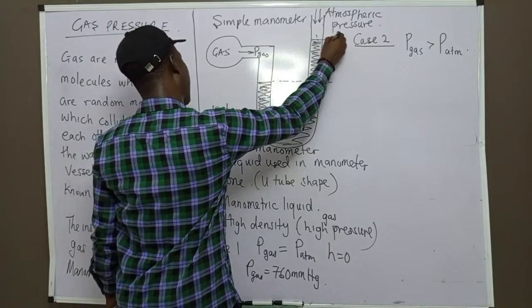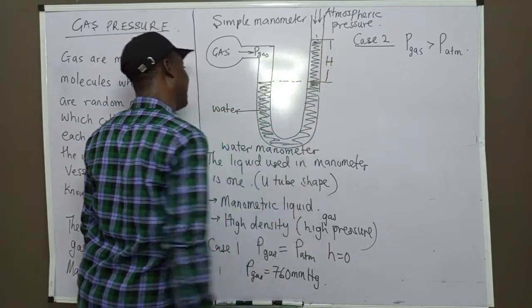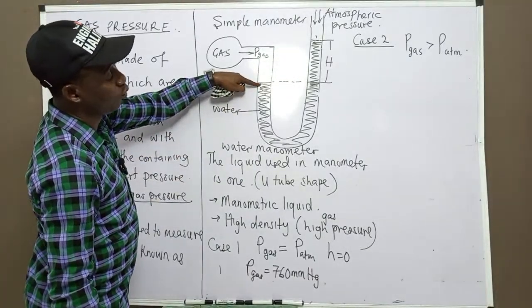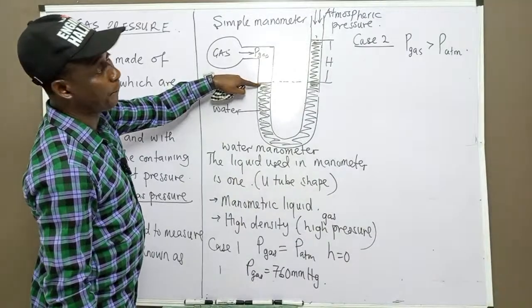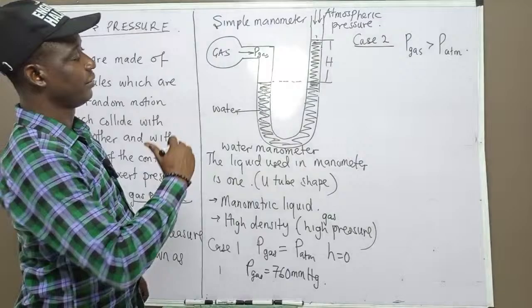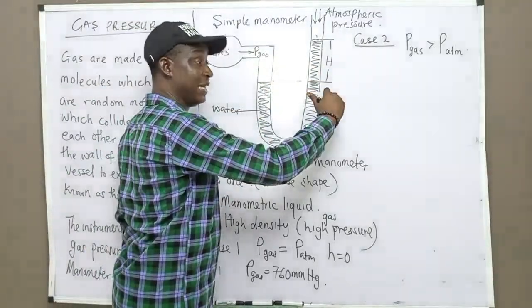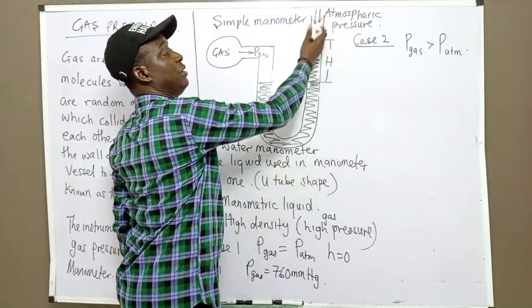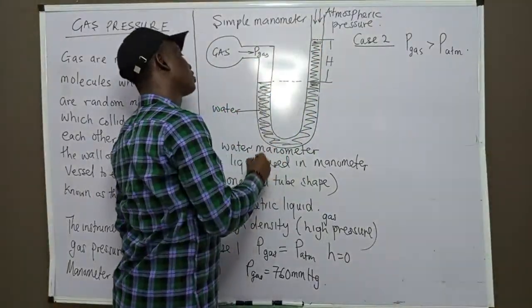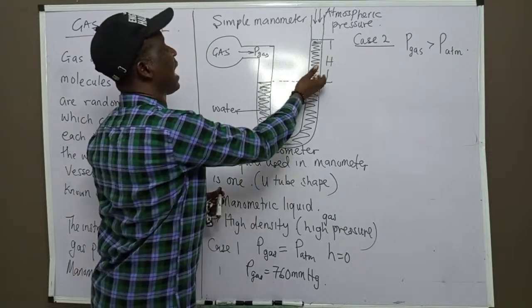It will push the liquid up to a particular height H above the level on this part of the pressure. Now, what do you notice? You will notice that the level is no longer the same again. The level on the part of the atmospheric pressure is now higher. What causes the height to go up?